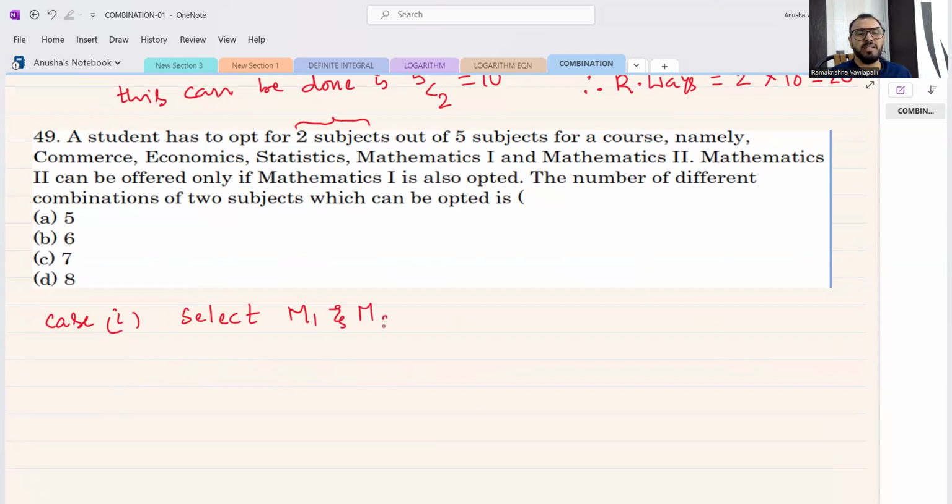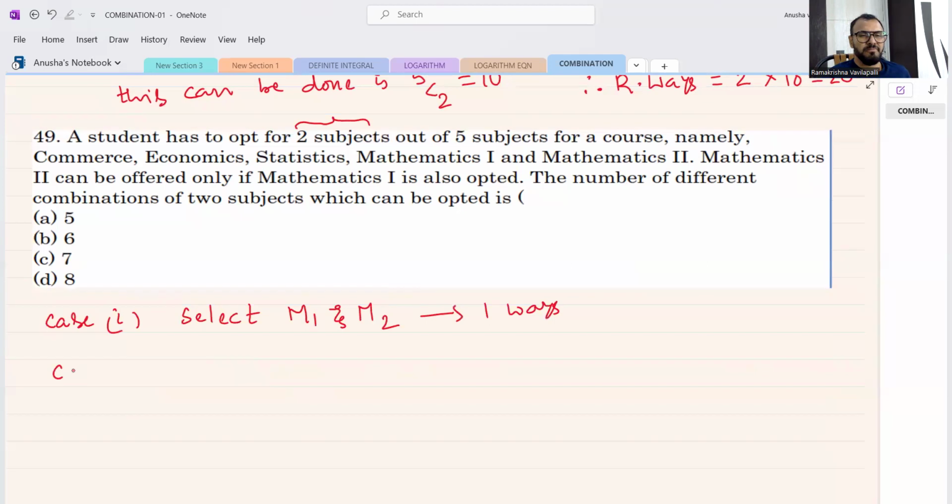We have selected both subjects, so there is only one way. You have chosen maths 2, so then you must choose maths 1 also. If someone has chosen maths 1, it is not at all necessary that he has to choose maths 2 also.